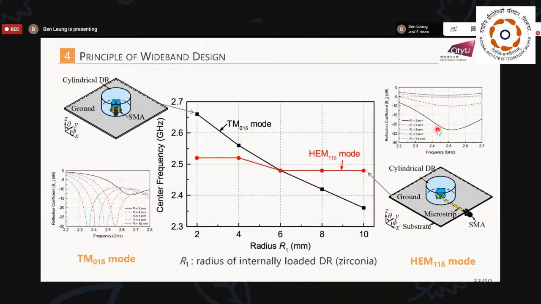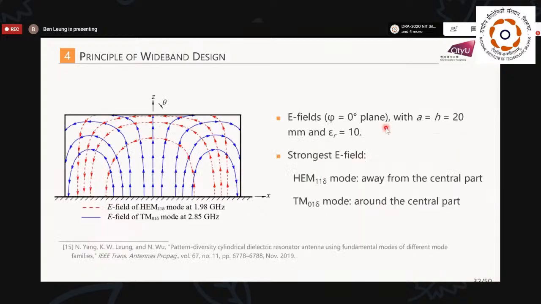But for the fundamental HEM11δ mode, the frequency does not change significantly when the size of the zirconia is changed. So 2, 4, 6, 8, 10 is the same as here, 2, 4, 6, 8, 10. For the TM mode, it changed significantly. For the HEM mode, it has no change, which can be expected from this field distribution.